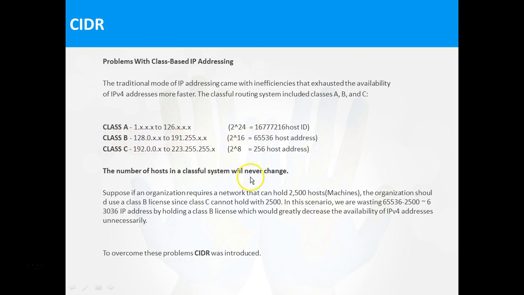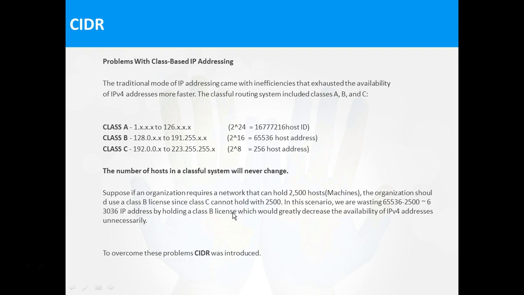If I purchase class B, then what will happen? We will be using 2500 hosts. But what about the remaining IP addresses? All are wasted. So we are wasting around 63,000 IP addresses by holding a class B license. You are wasting it unnecessarily.